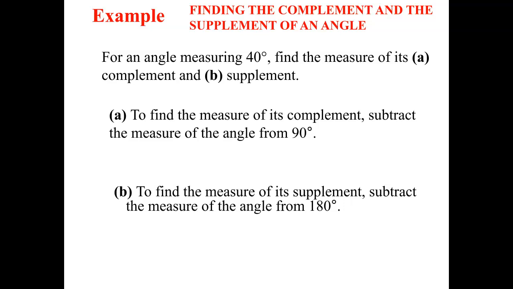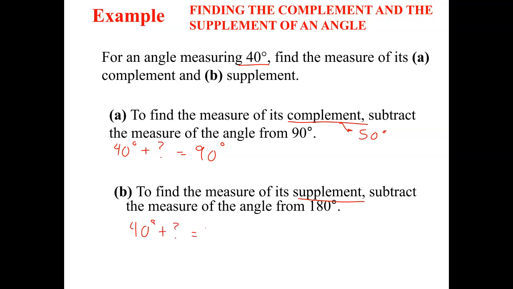So if I'm looking at an angle of 40 degrees and I want to find its complement, I have to ask myself, 40 degrees plus what angle adds together to give me 90 degrees? 50 degrees. So the complement would be 50 degrees because the sum of 50 and 40 is 90. If I want the supplement, it's the same idea, but I want the measure to be 180 degrees.